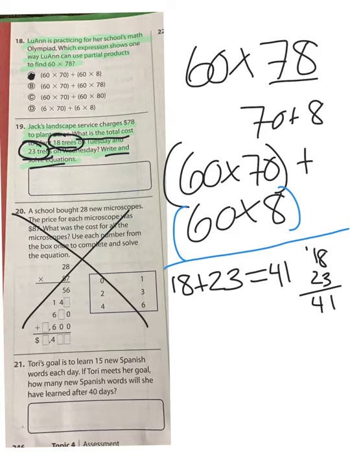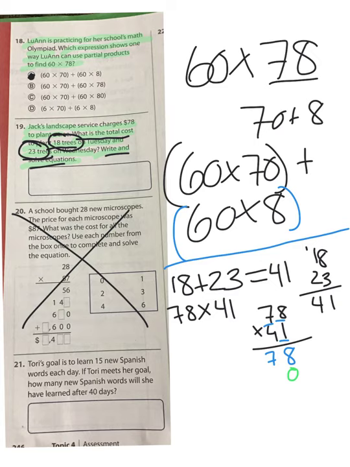Now, if they charge $78 per tree, we need to multiply 78 times 41 trees. First, multiply your ones place. 1 times 8 is 8. 1 times 7 is 7. Then add your 0.